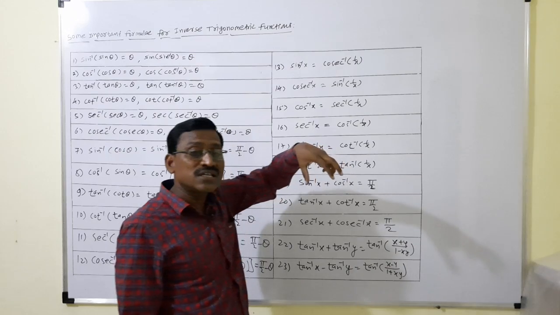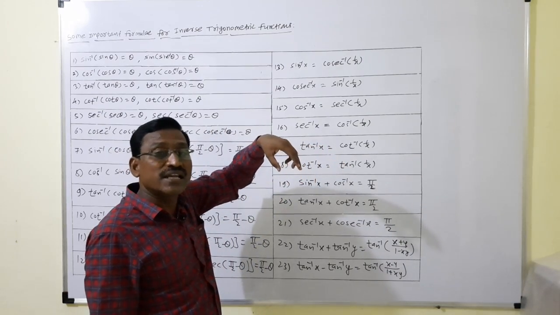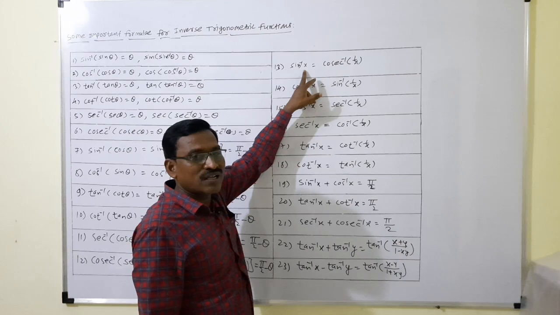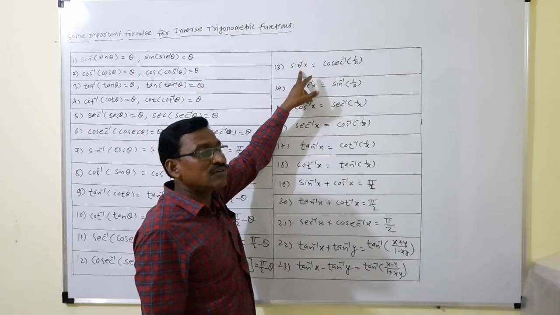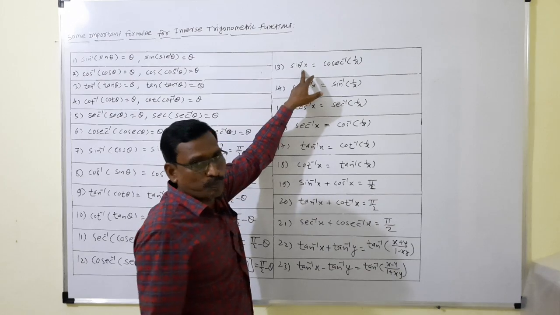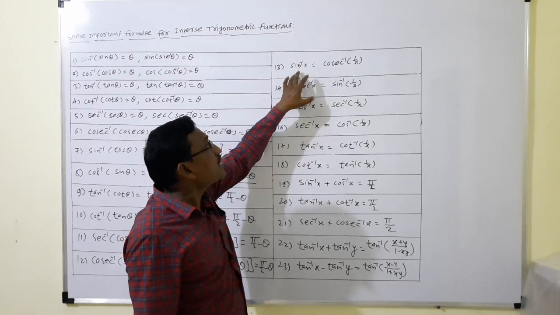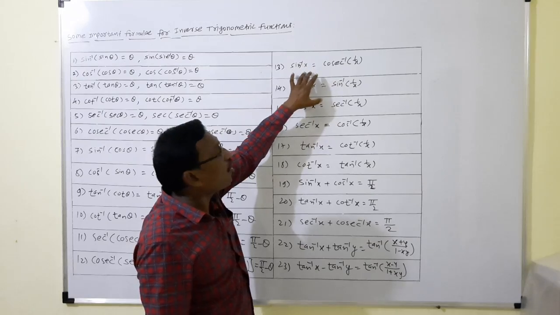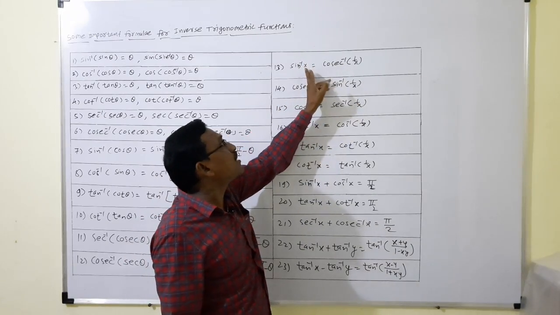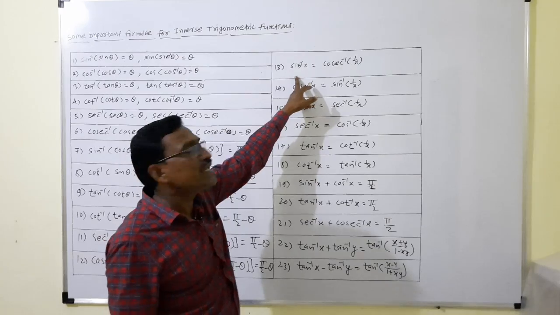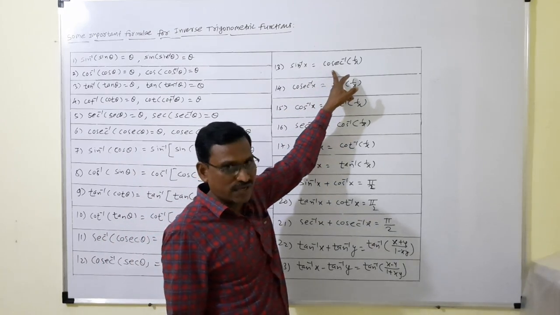In inverse, take the reciprocal of the trigonometric function and also the reciprocal of the angle. Reciprocal of x is 1 by x and reciprocal of sine inverse is cosec inverse.